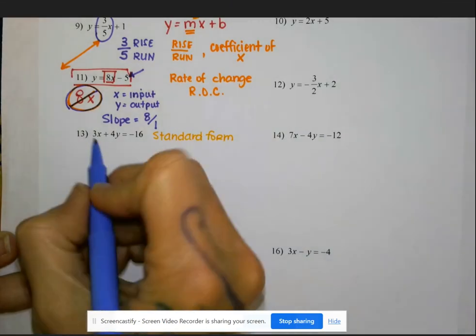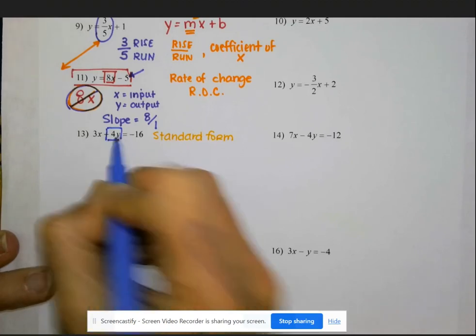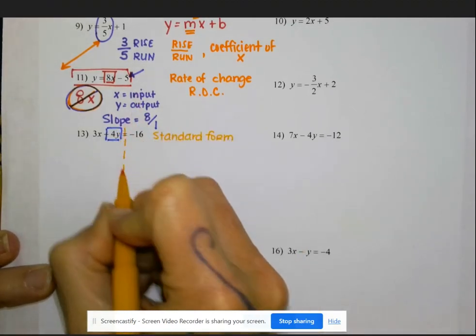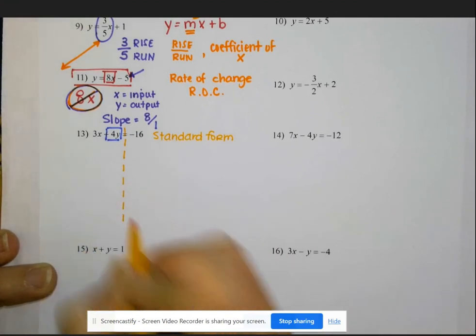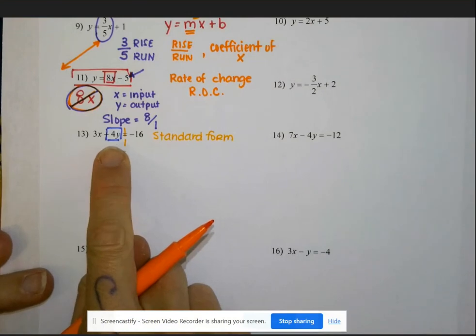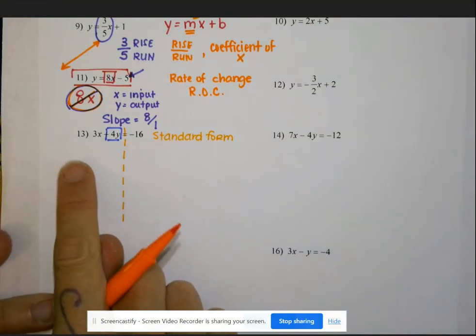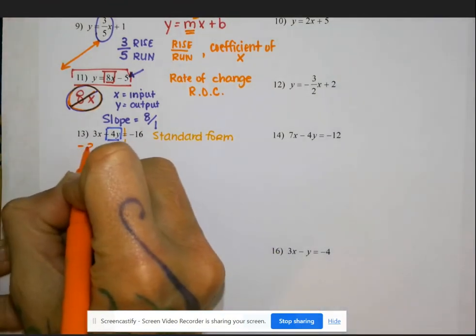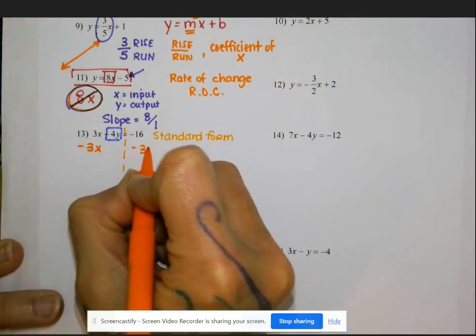Okay, so we have to get y by itself to put it in y equals mx plus b form before you can start discussing slope and y-intercept. So if I want 4y, I need to get whatever's on this side off. What am I going to move first? So we're going to do negative 3x, negative 3x.